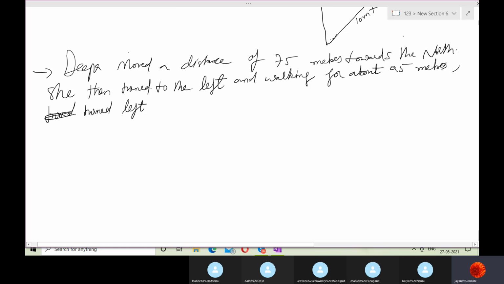Again, and walked 80 meters. So Deepa moved a distance of 75 meters towards the north. She then turned to the left and, walking for about 25 meters, turned left again and walked 80 meters.